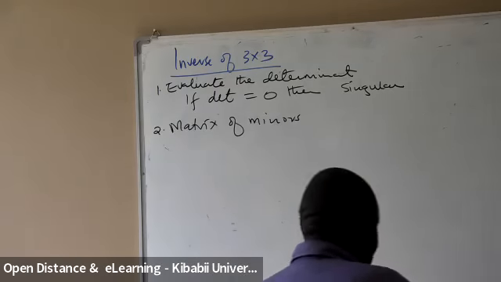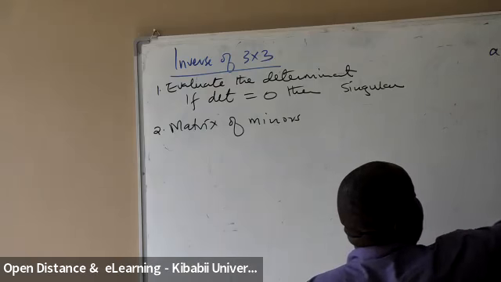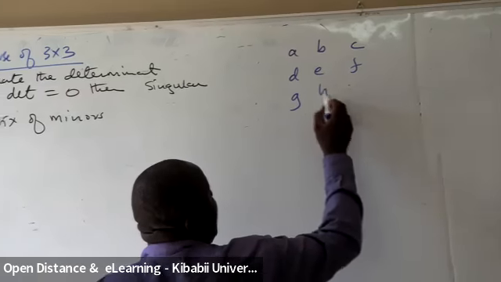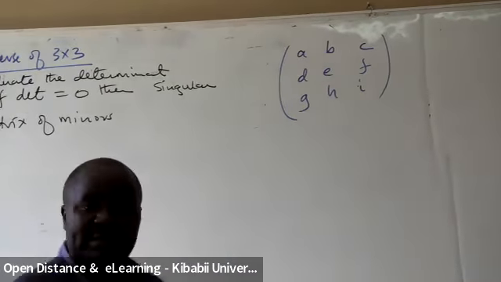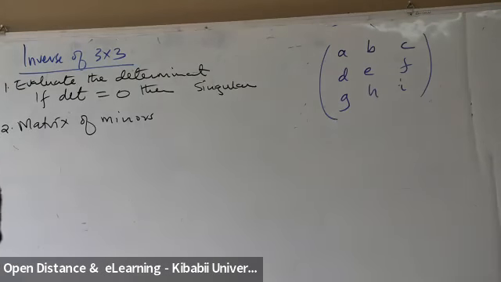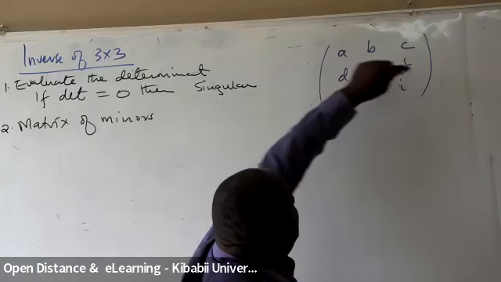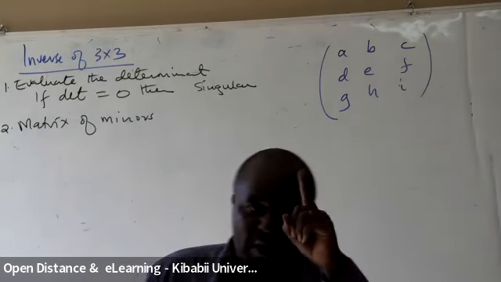Suppose I have the matrix A, B, C, D, E, F, G, H, I. This is my 3 by 3 matrix, and I must replace each of these elements by the determinant of its reduced 2 by 2.